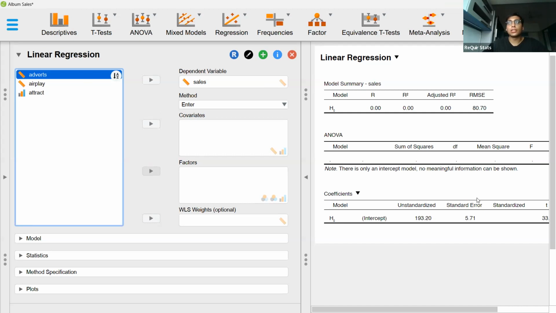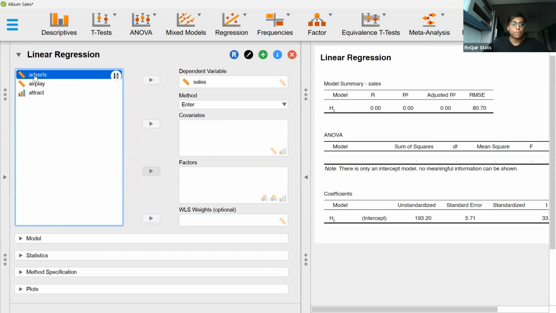That just depends on the type of research question, the type of objective that you have, and your expertise on how to deal with data and get meaningful conclusions from data.